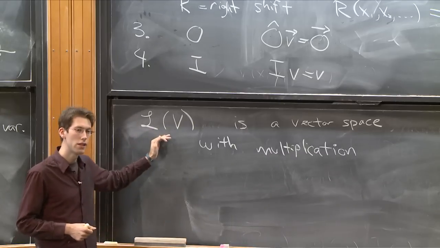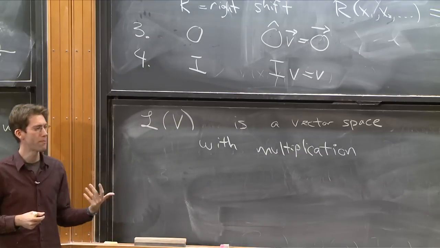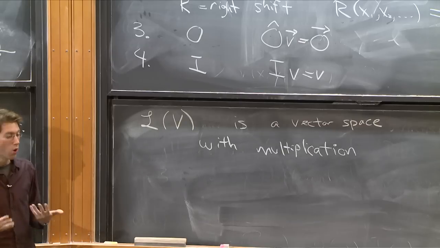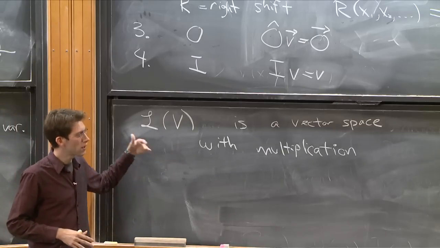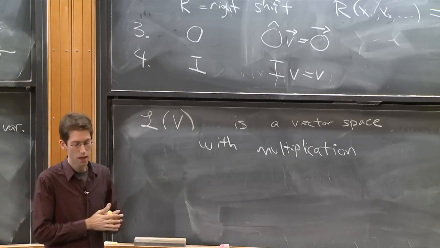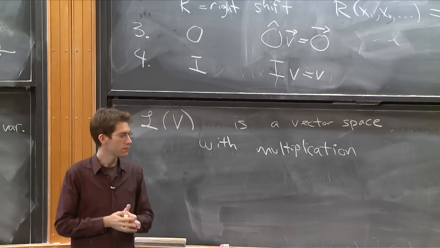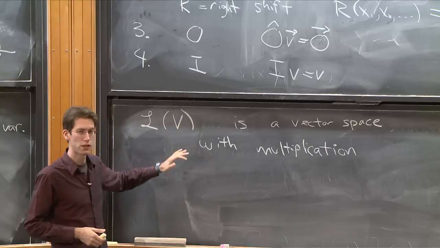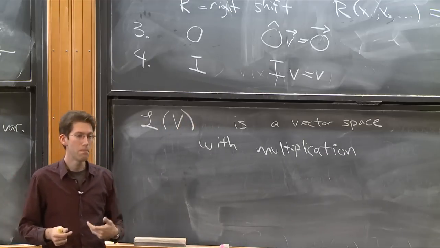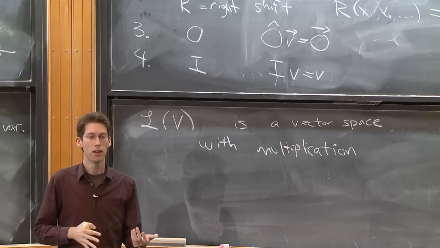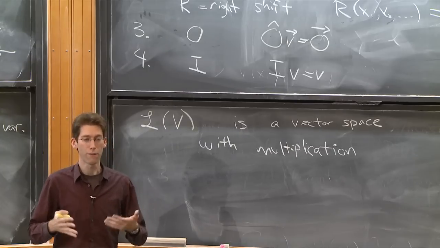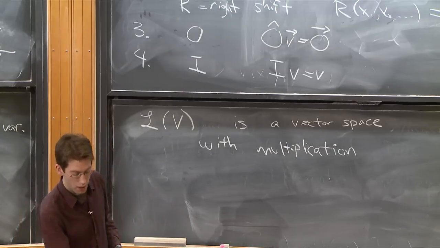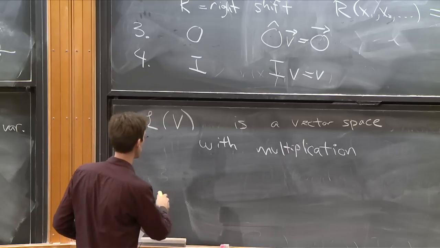But since these operators are like square matrices, multiplication is always defined, and this can be used to prove many nice things about them. So this type of structure of being a vector space with multiplication makes it in many ways like the field of real numbers or complexes, but without all of the properties.